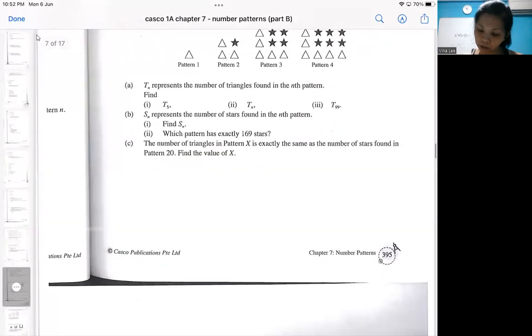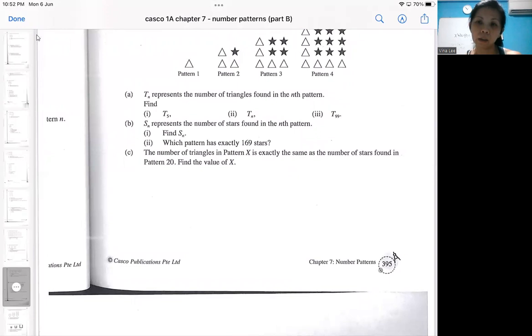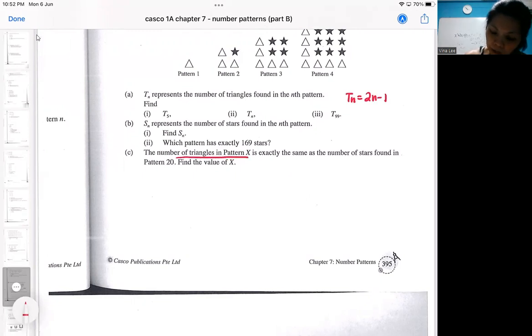Okay, everything is erased again. So we do the algebra, 361. Where is the answer just now? Just now we're saying Tn is equal to 2n minus 1. Pattern X means Tx means 2x minus 1. So the number of stars we found is 361.